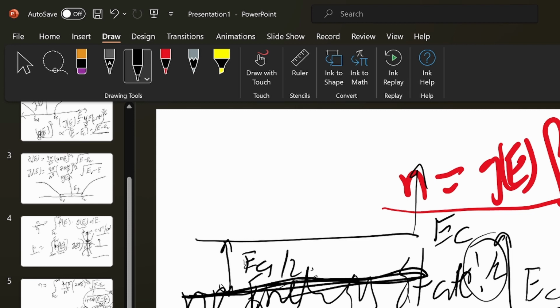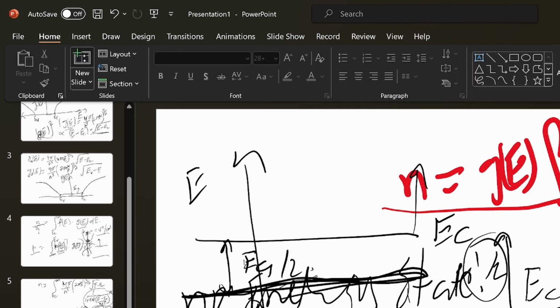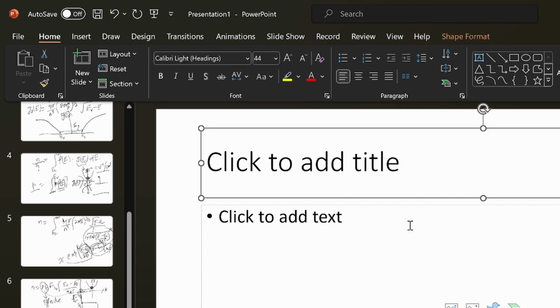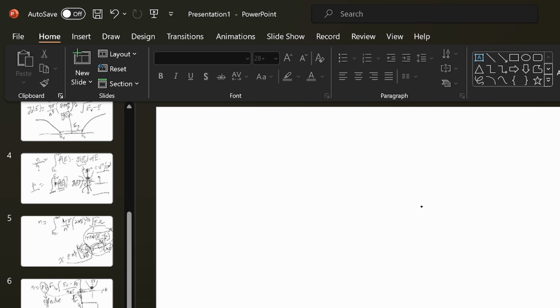At any temperature T, if this is my E and this is F(E). Next slide. This is E, this is F(E).